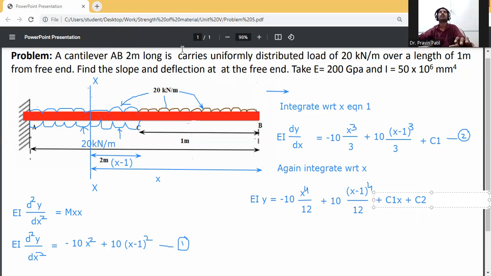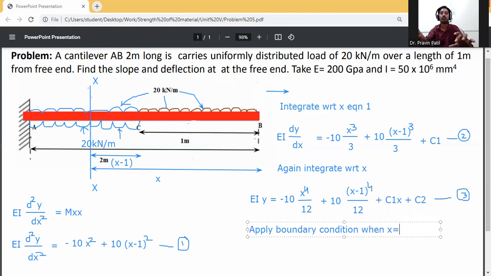This is equation number 3. Now apply the boundary conditions. When x is equal to 2 meter, dy by dx is equal to 0.